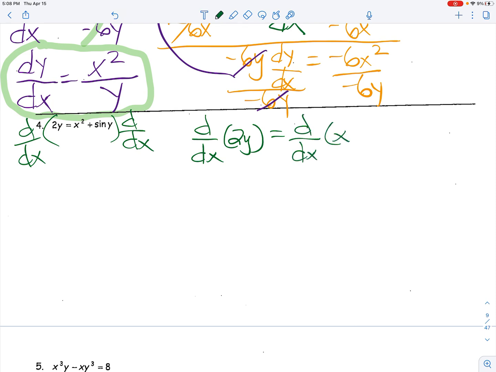So d/dx of 2y is going to equal d/dx of x squared plus, here we go, d/dx sine of y.